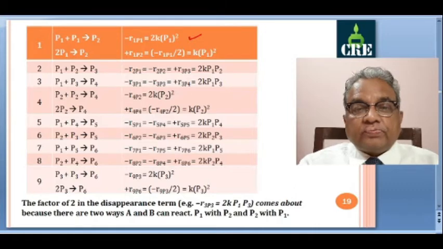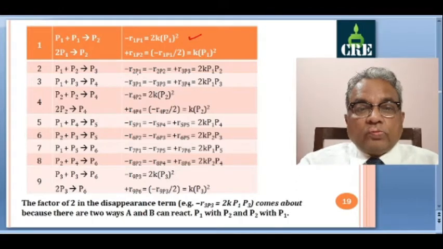Second reaction, R2. P1 is disappearing, P2 is disappearing, so minus sign. P3 is formed, so plus sign. Here it should be R2 P3.